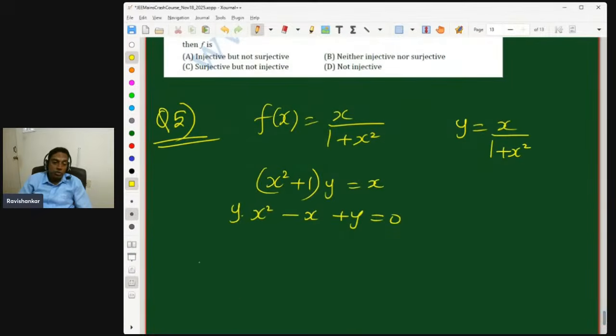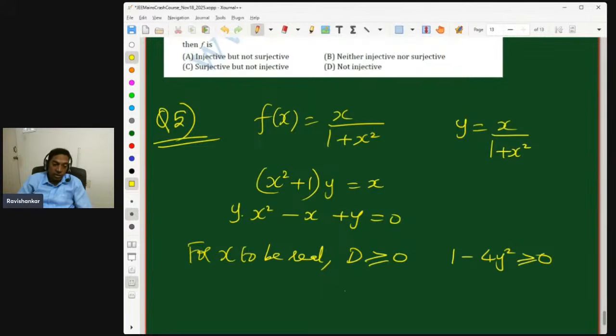Now, for x to be real, discriminant is greater than or equal to 0. So 1 minus 4y squared is greater than or equal to 0. So y squared less than or equal to 1 by 4.